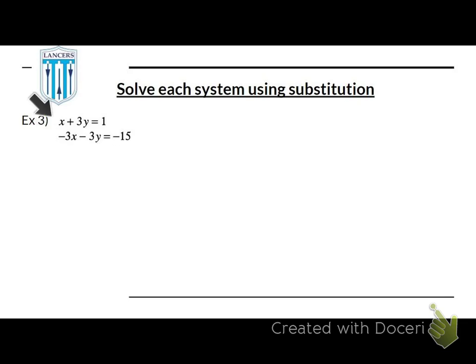Always look to see if you have a variable with a coefficient of 1. That's always going to be the easy one to get alone. So we're going to take this top equation and solve for x. I'll rewrite it down here so I've got some space to show what I'm doing. How am I going to solve that for x?